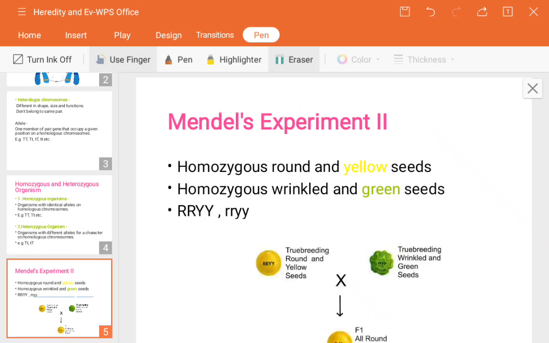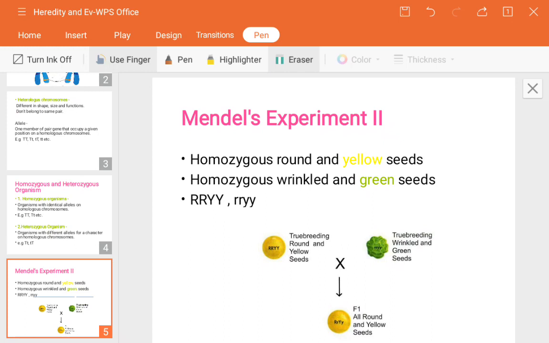Next, we will move towards the main topic. See guys, Mendel's experiment number 2. What does his second experiment tell us? In his second experiment he chose the shape and two colors of pea seeds, green peas.